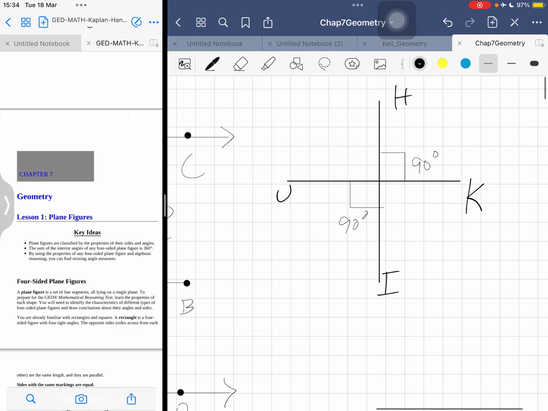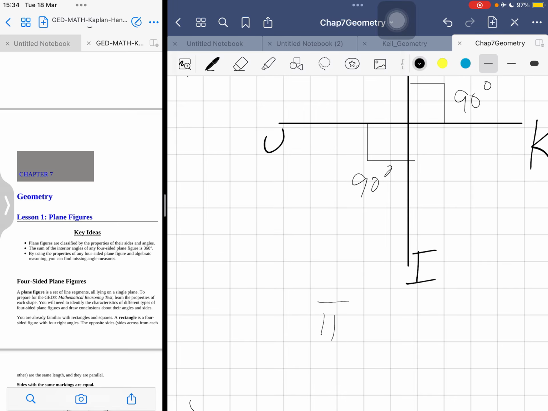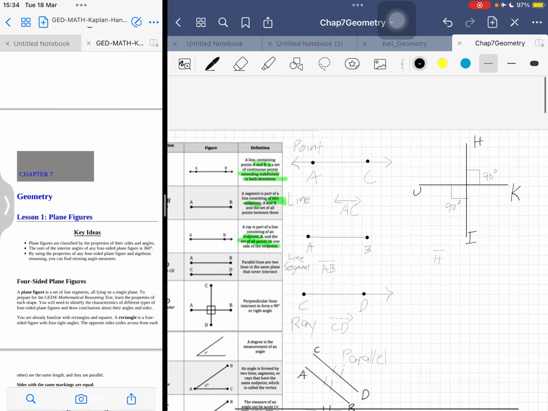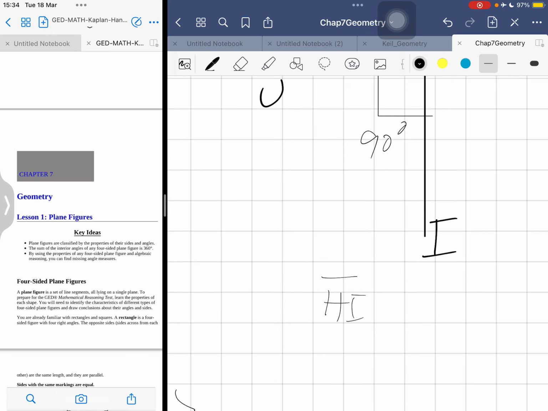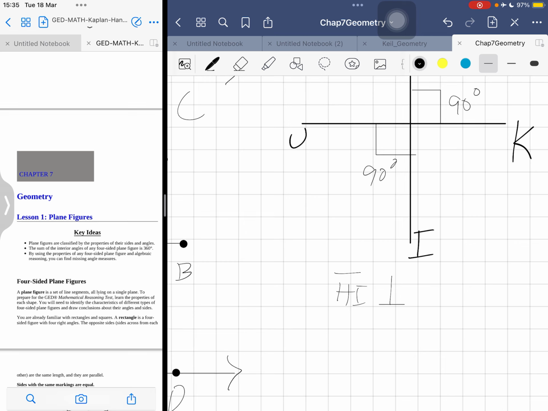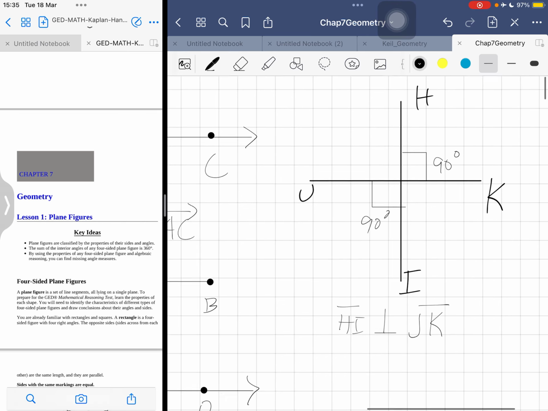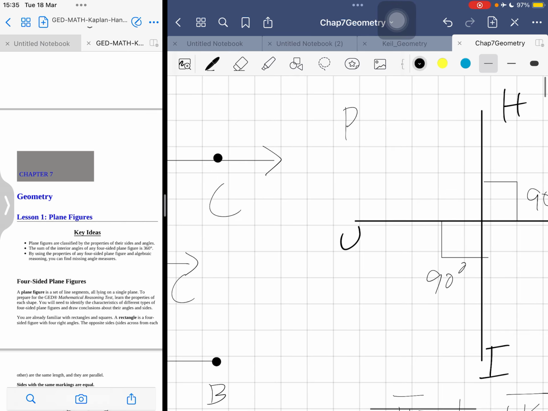Meaning here that line HI is perpendicular, with this symbol, to line JK. So let's write first: perpendicular.